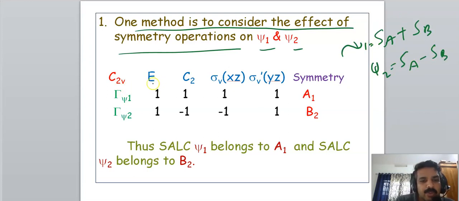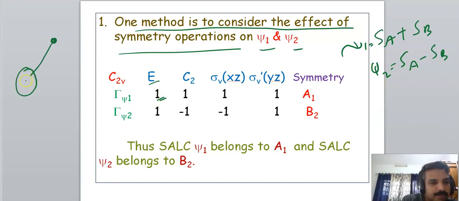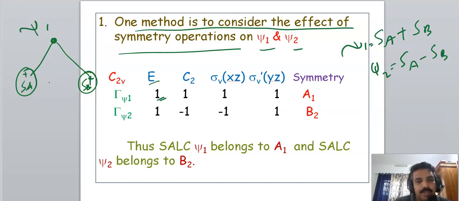On the E operation, SA plus SB remains the same, no problem. On C2, this is the picture: SA has a plus sign and SB also has a plus sign, because this is psi1, SA plus SB. On the C2 operation, SA and SB interchange, but there is no change in sign, here plus, here also plus.